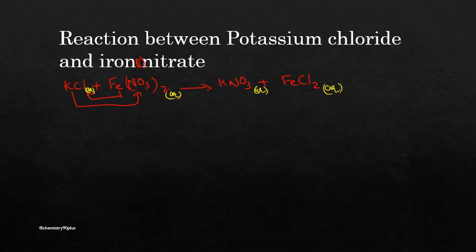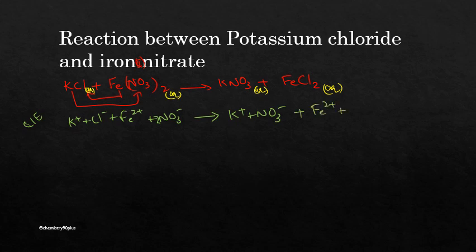So how are we going to write the complete ionic equation? So K plus, Cl minus, plus Fe2 plus, NO3 minus, but I had to write a 2 as coefficient because there are two NO3 minus, gives you K plus NO3 minus plus Fe2 plus 2Cl minus, right?